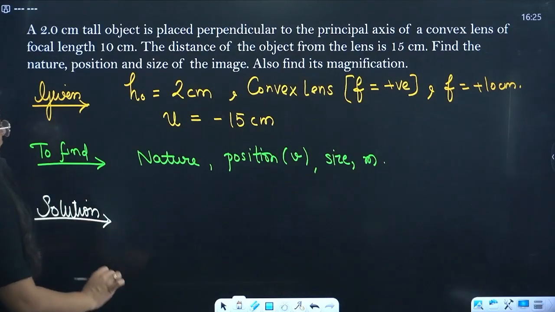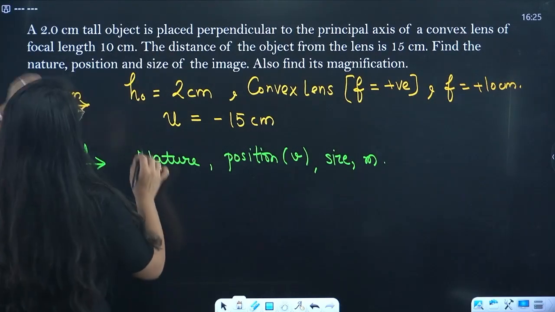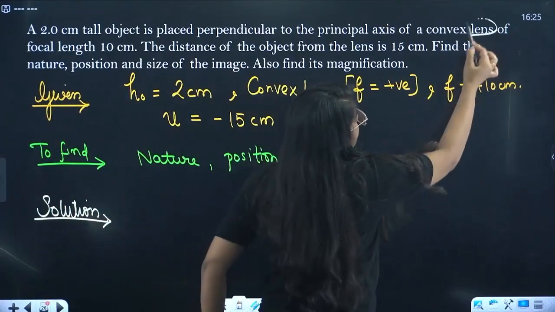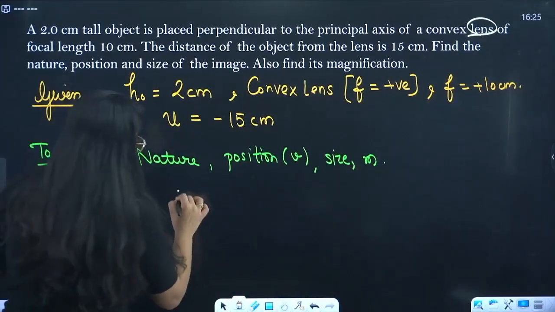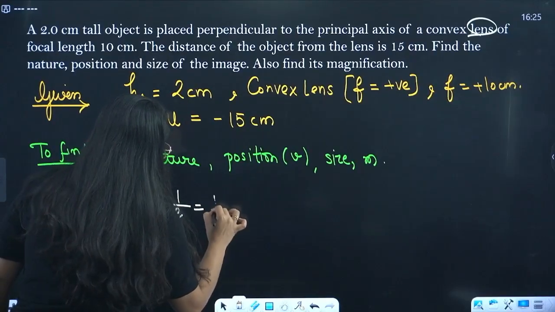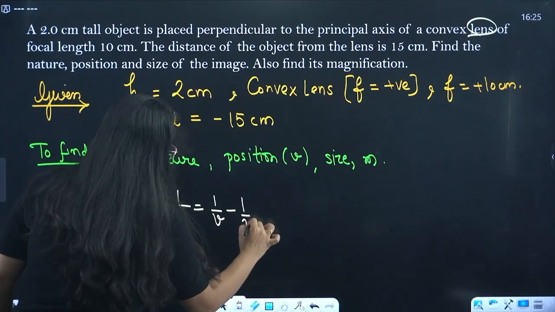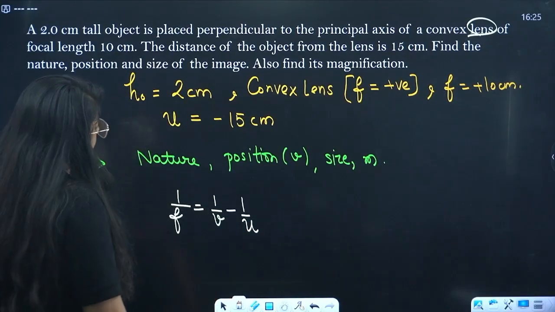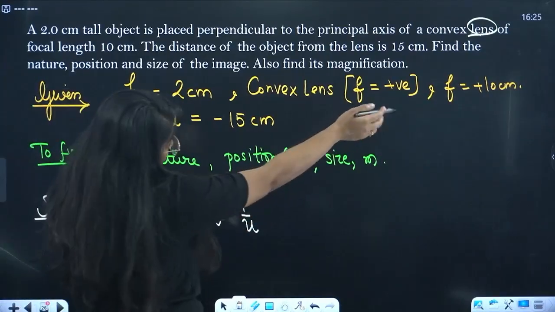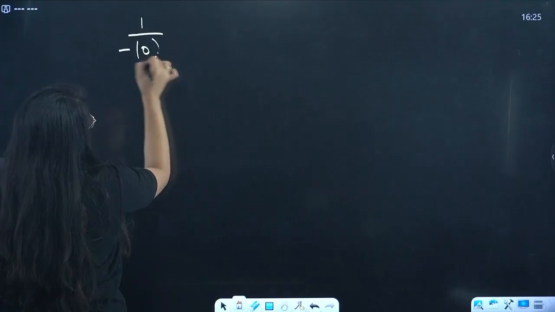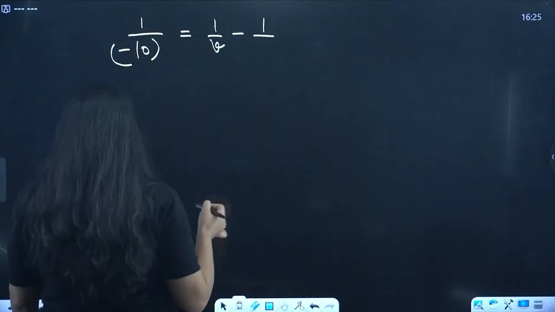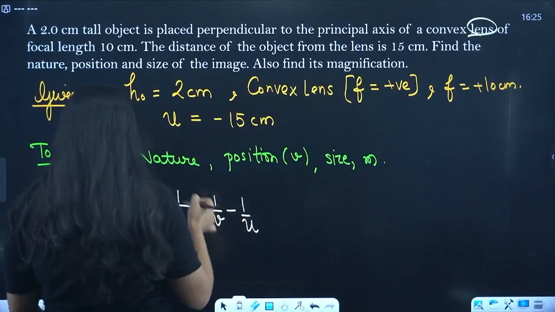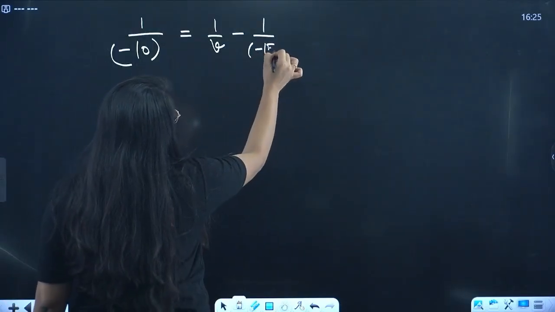To find V, we will use the lens formula because it's clearly a lens. If it was a mirror, we would use a different formula. Remember that. So 1 by F equals 1 by V minus 1 by U. Understood? So beta, F is given as minus 10 centimeter. 1 by V we have to find, minus 1 by U, U is given as minus 15 centimeter.